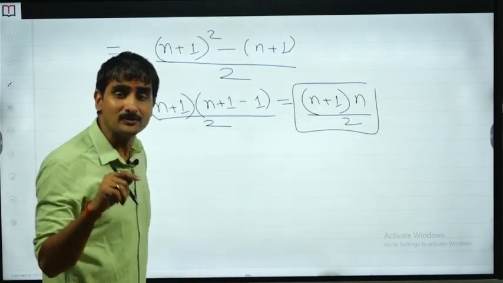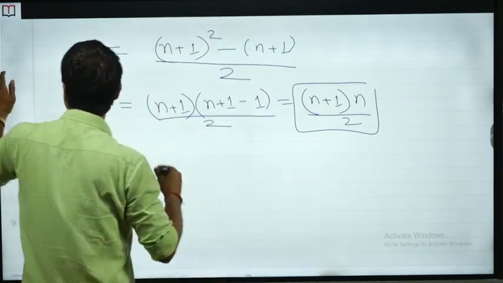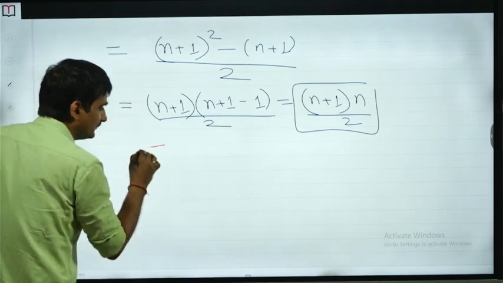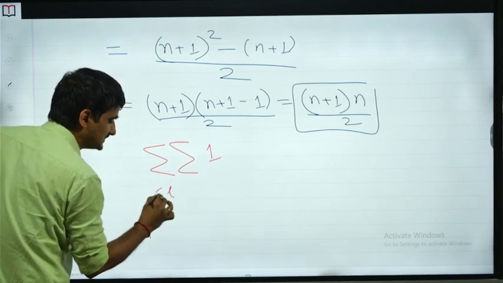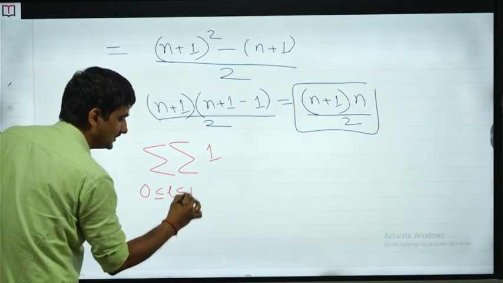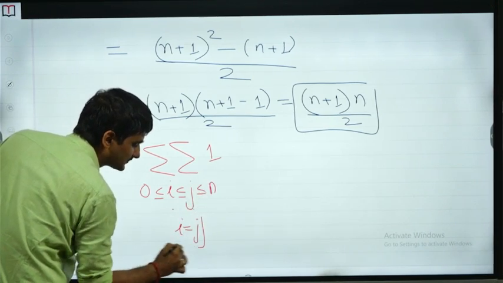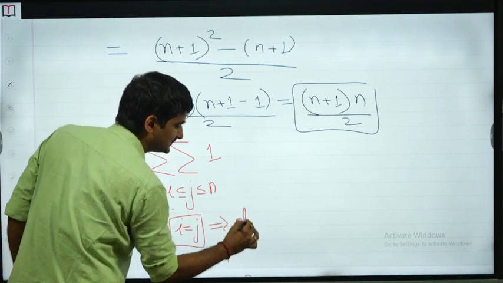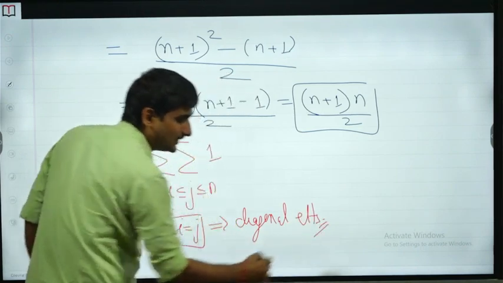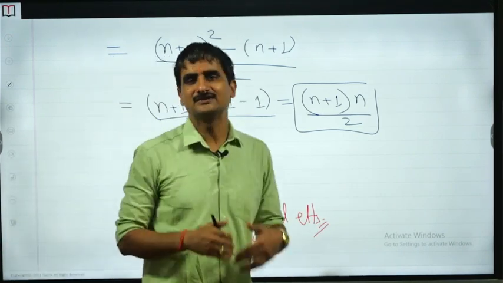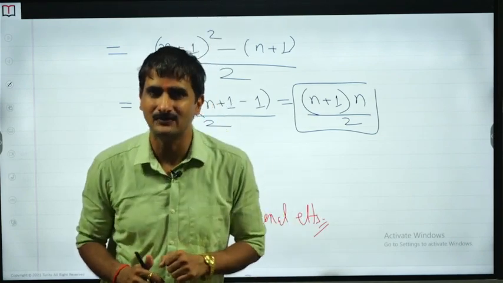These are the number of elements which you have on one side of the diagonal. And one more thing: when I ask you to evaluate this series, it includes i equal to j also. i equal to j means diagonal elements, and since all elements are 1, the number of elements gives us the answer, isn't that so? Because how many times are we writing 1 here?